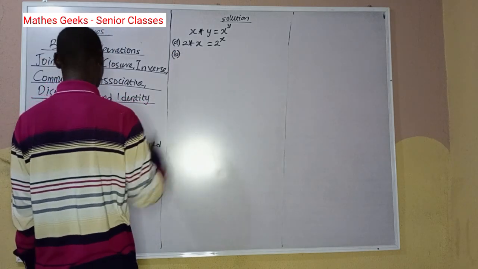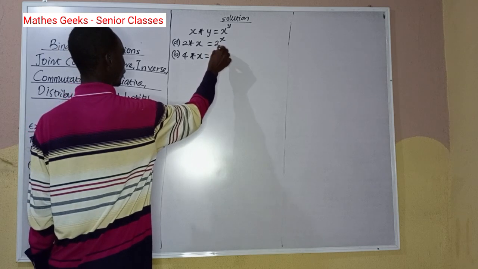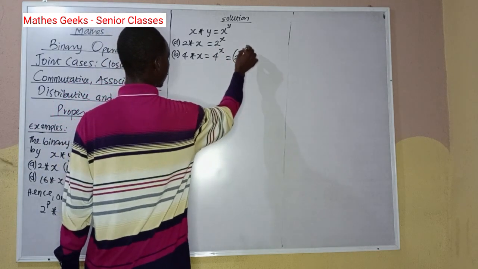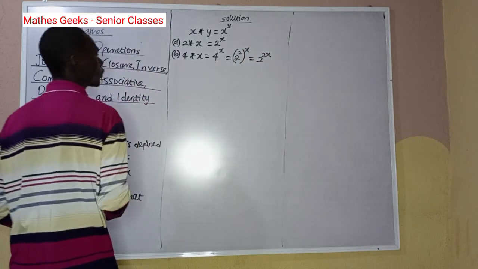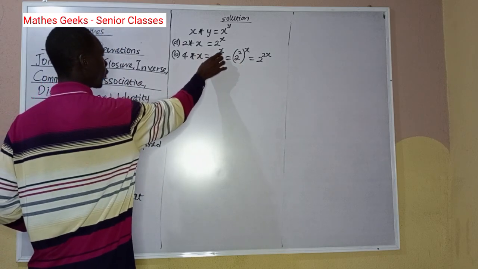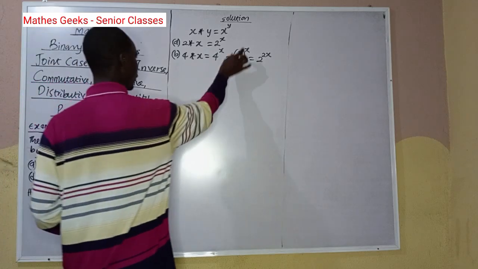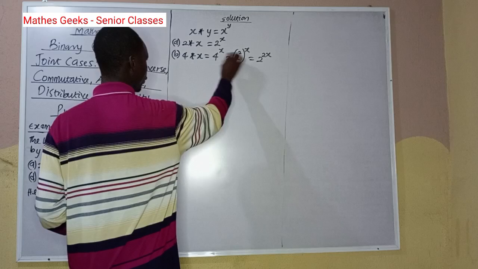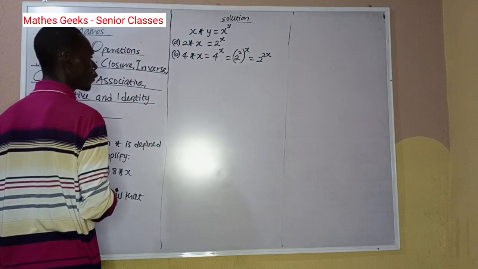The 4 operation x is equal to 4 raised to x, and is equal to 2 raised to the power of 2 over x, and that's equal to 2 raised to 2x. That means we simplified 4 to its simplest form, 2 raised to the power of 2, and 2 times x equals 2x, which is 2 raised to the power of 2x.